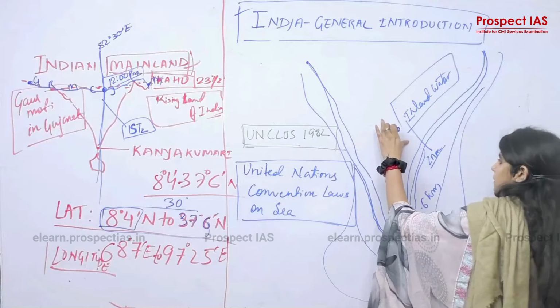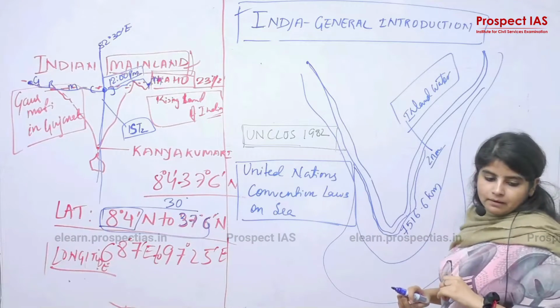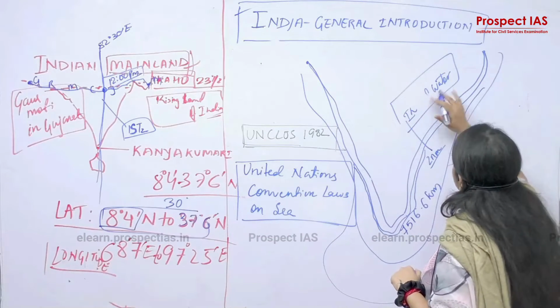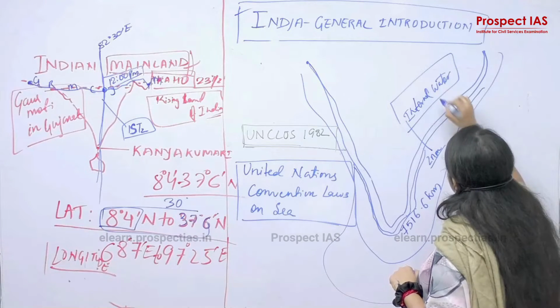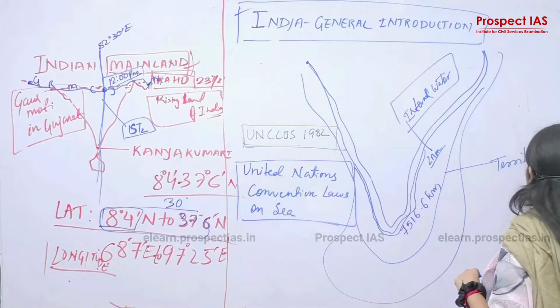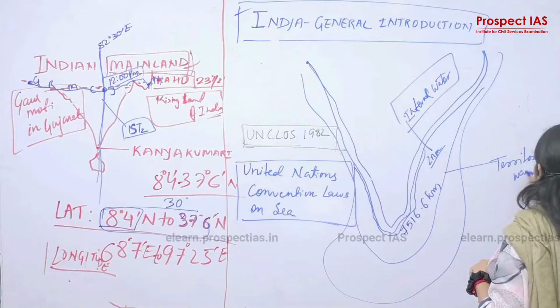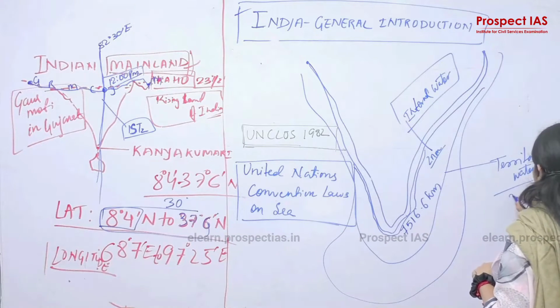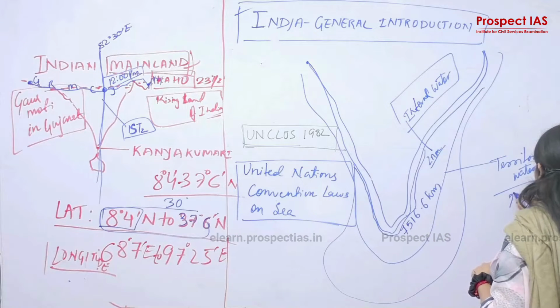This is how the division is. First is your inland water or internal water. Second is your territorial water, which is up to 12 nautical miles.